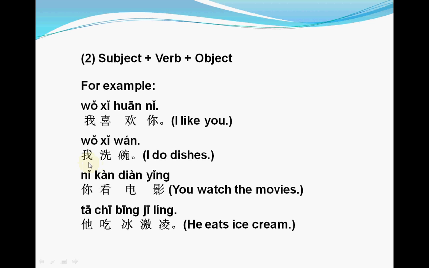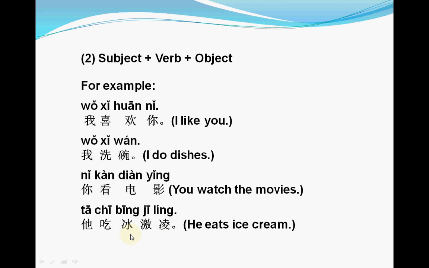Another example, 我洗碗. 我 subject, 洗 wash is verb, 碗 dishes is the object. 你看电影. 你 you subject, 看 verb, 电影 is a movie, 看 is watch or see. Another example, 他吃冰激凌. 他 he subject, 吃 eat verb, 冰激凌 means ice cream.